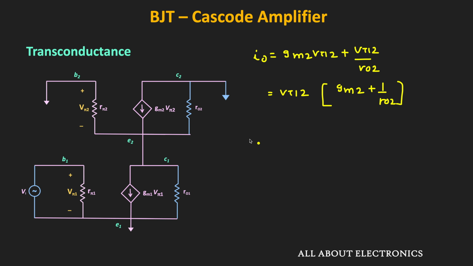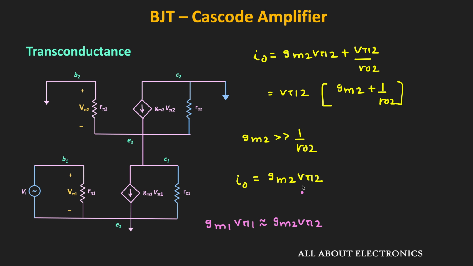Once again, Gm2 is much greater than 1 divided by R02, and hence we can say that I0 is equal to Gm2 times Vpi2. And earlier we have seen that Gm1 Vpi1 is approximately equal to Gm2 times Vpi2. So from this we can say that I0 is equal to Gm1 times Vpi1.